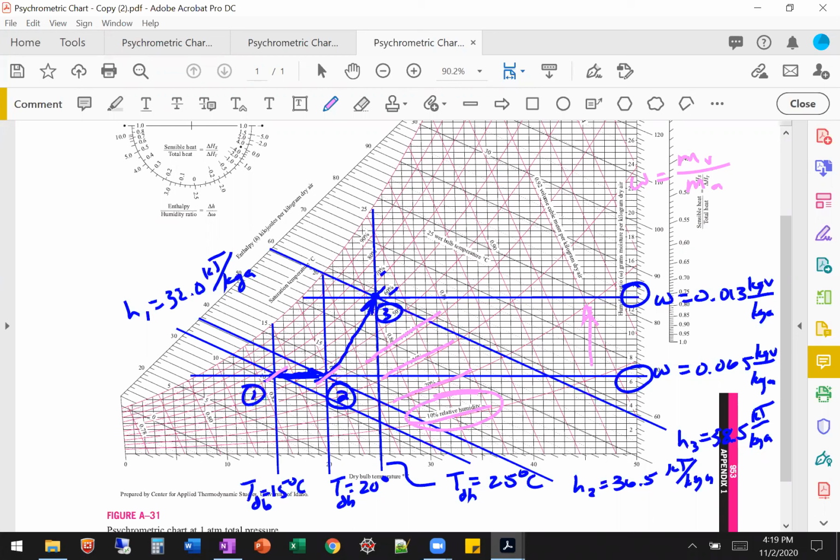So that's where relative humidity comes into play. But it changes with temperature. Anytime temperature changes, your relative humidity is going to change. Thanks for clearing that up. Yep, that's a very common mistake, getting those two confused.